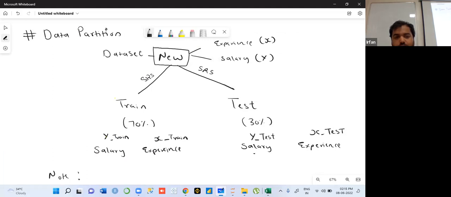Random state is used to fix the selected sample from train. Till here, are you clear?